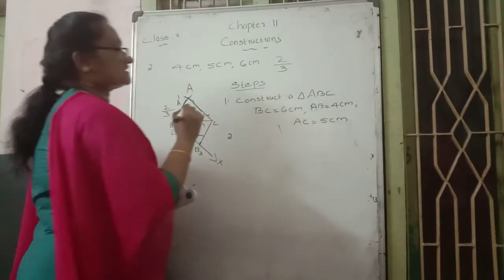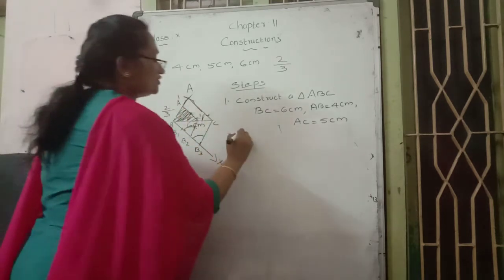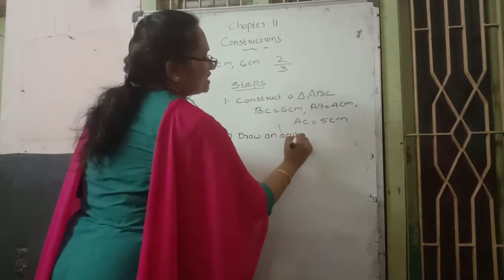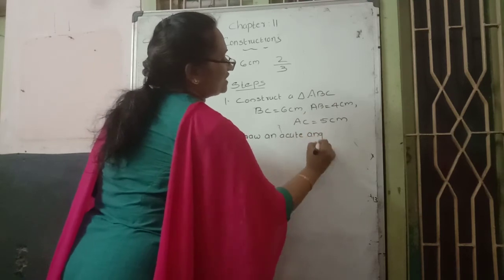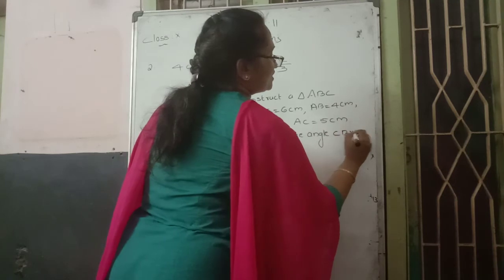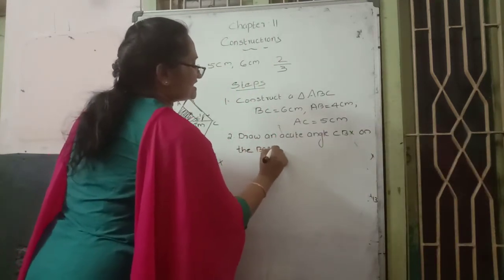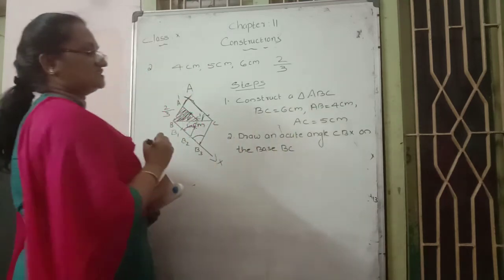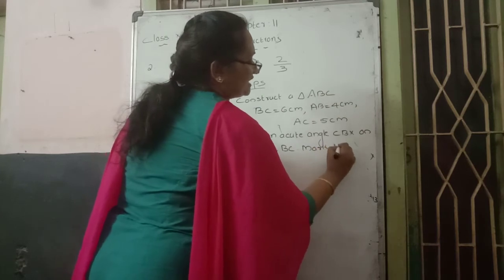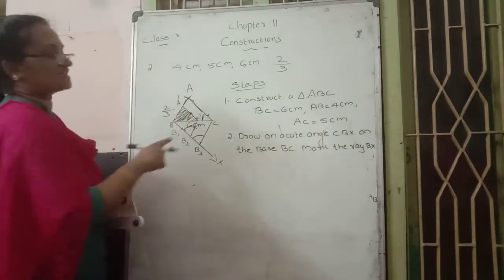Then after constructing ABC, the next step: draw an acute angle, which we name CBX, on the base. BC is our base, so on the base BC. Then mark a ray, which we name BX. BX is our ray.